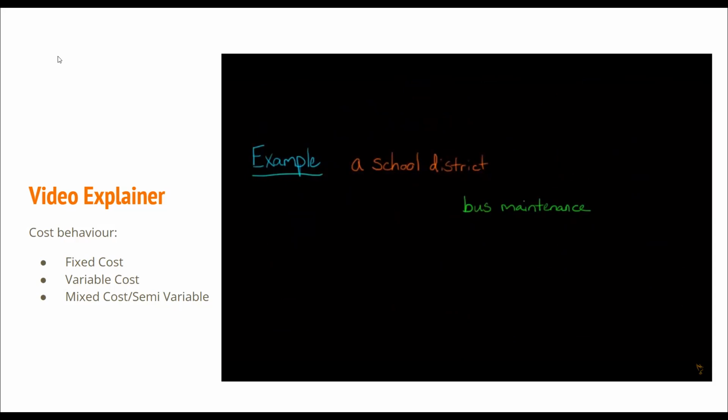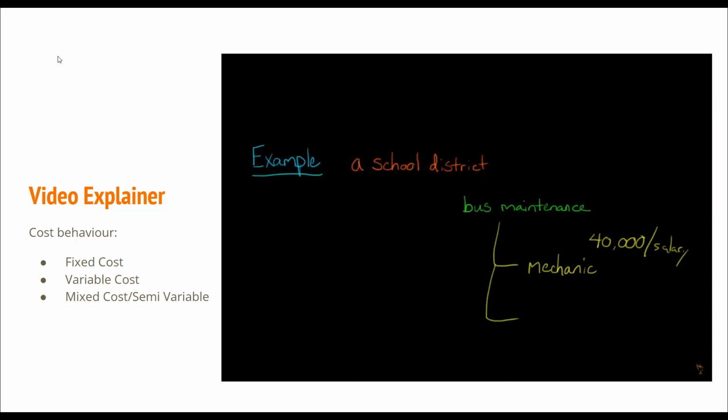When we think about the bus maintenance costs, we can parse this into two different components. One is some kind of mechanic. So we hire a mechanic, and let's say that we pay this mechanic a $40,000 a year salary.